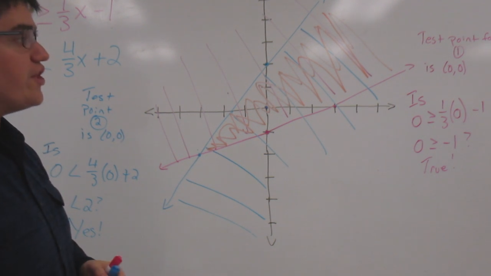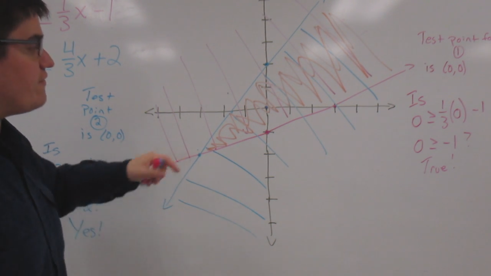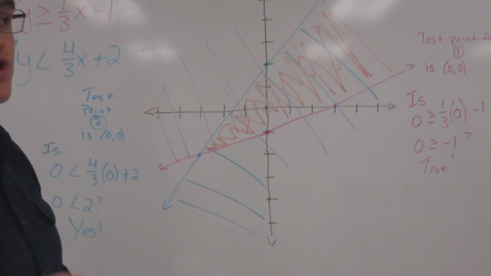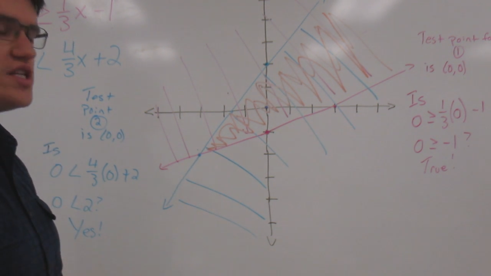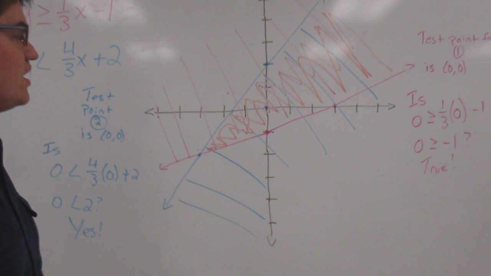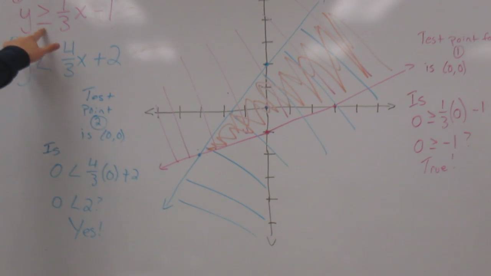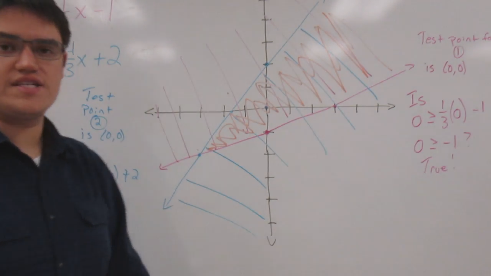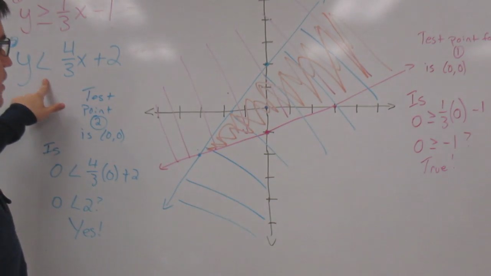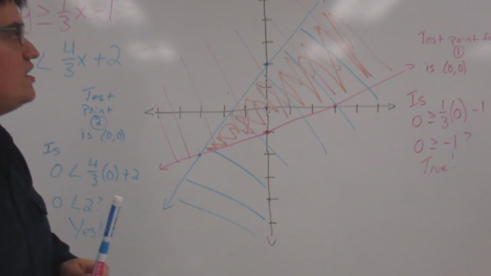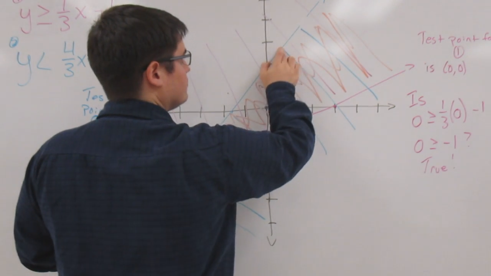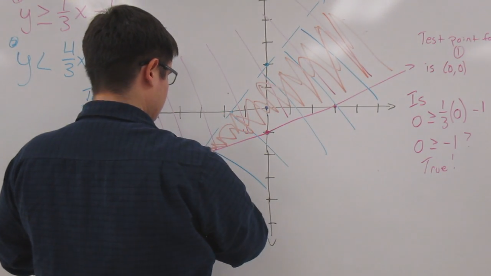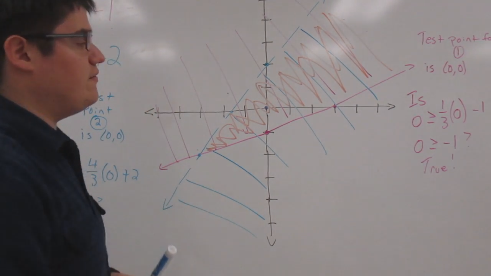Okay. The final thing that we need to do is determine if our lines are solid or dashed. You could do this in the beginning, but I like to wait till the end. The pink one has the equal to sign underneath, so that's going to stay a solid line. The blue one does not have the equal to sign, so we have to make this a dashed line.